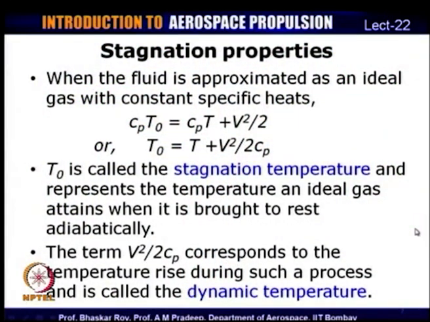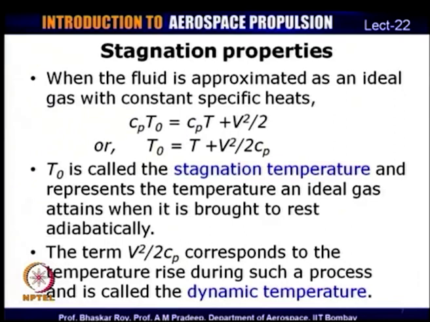So, if you write the equation for enthalpy in the form of a product of specific heat at constant pressure and the temperature, then we have Cp T naught is equal to Cp T plus V square by 2, or T naught is equal to T plus V square by 2 Cp.